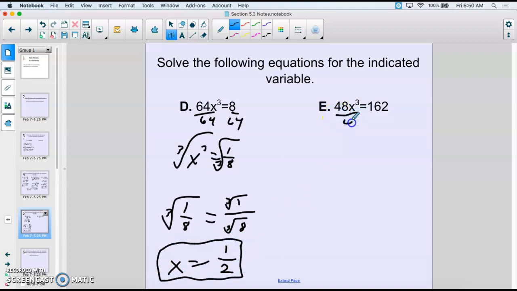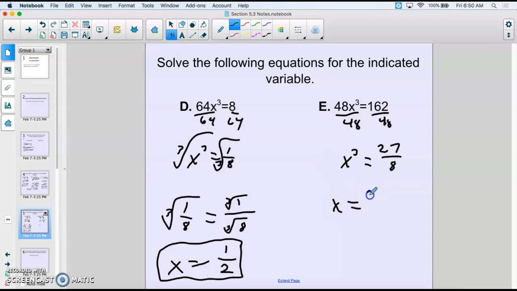With this one, we divide by 48. 162 divided by 48, does that work out nicely? No, it does not. However, turn it into a fraction and we get 27/8 if we reduce it down. Same concept.